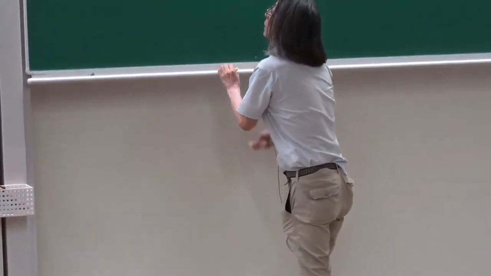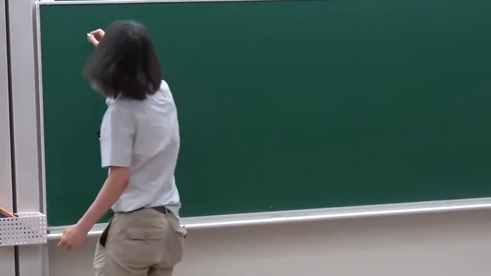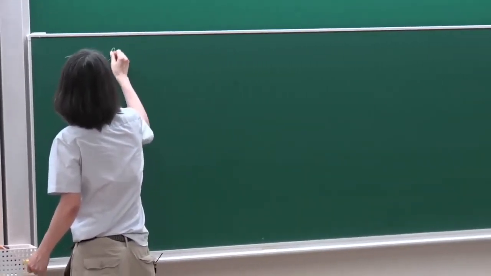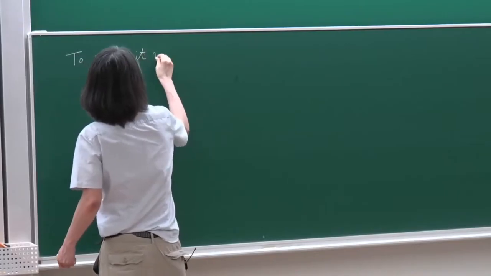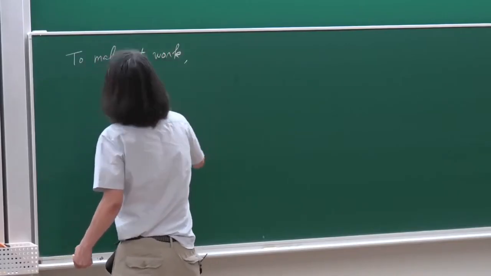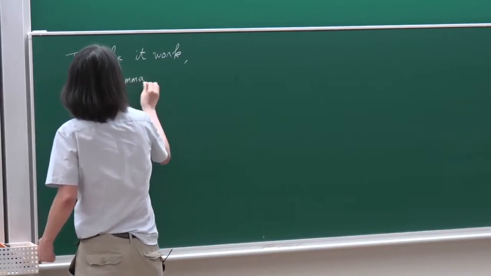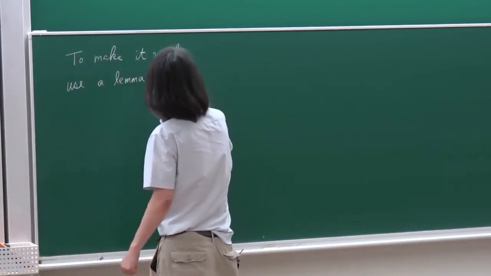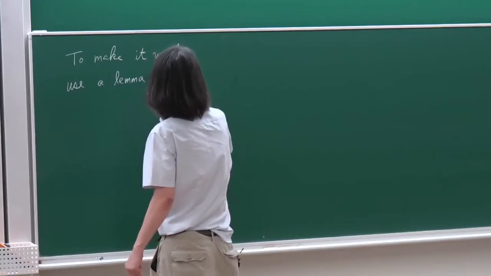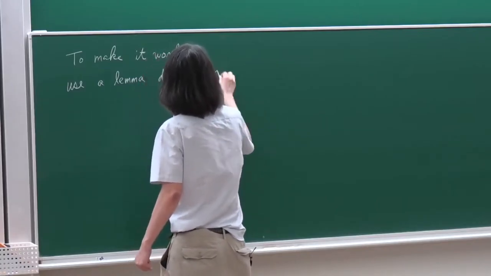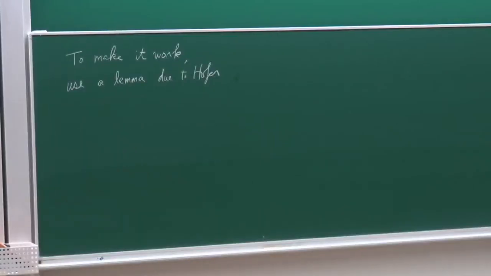Maybe it is a little bit too much, but to make it work, I use a lemma due to, maybe people attribute it to Hofer, or sometimes attribute it to Eckler and Hofer.